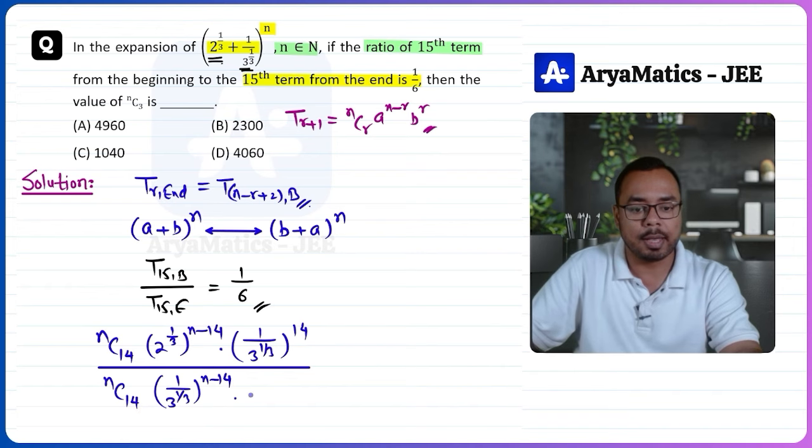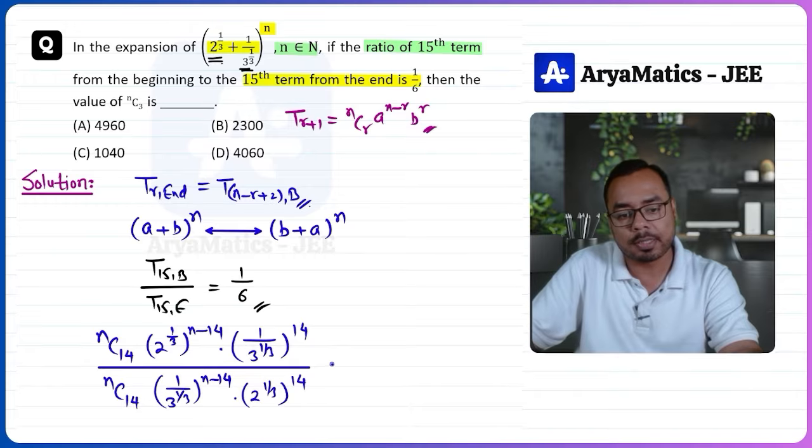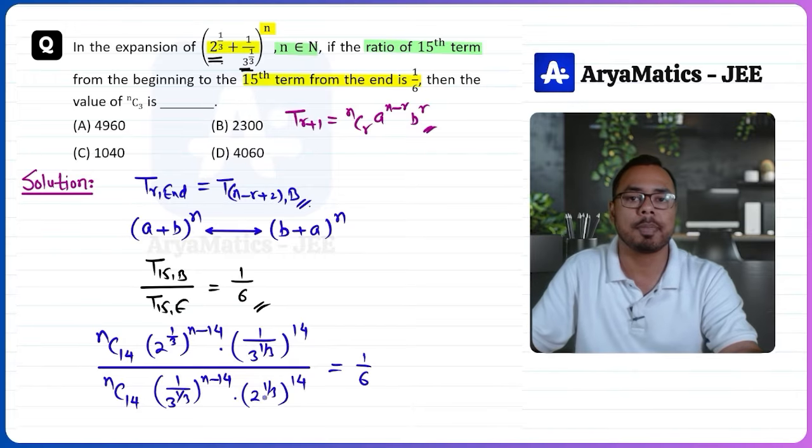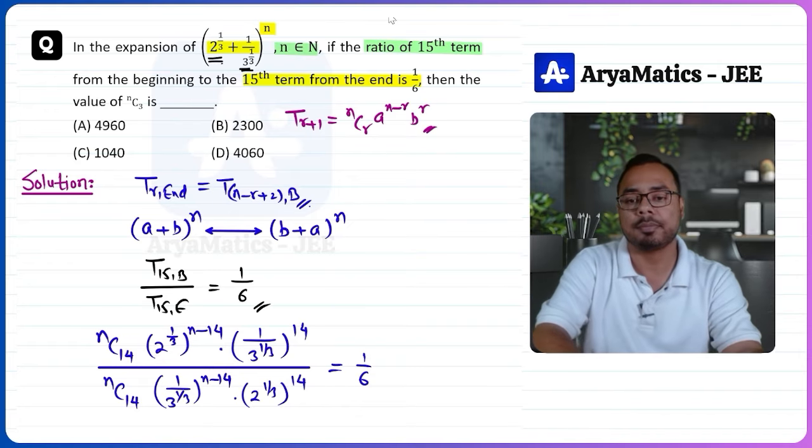So this will be a, and b will be 2^(1/3) raised to 14. And this ratio is given as 1/6. From here, we have to find the value of n. Once we have n, we can calculate nC3.